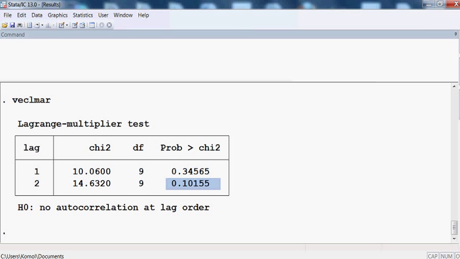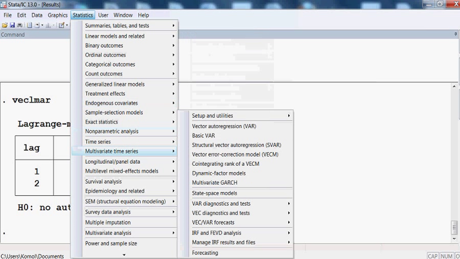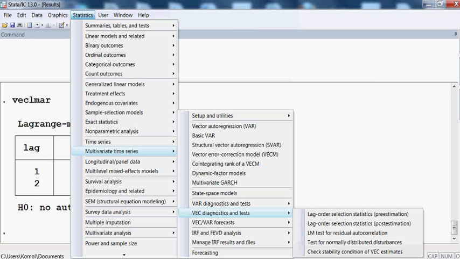Okay, then we can check also one more thing, whether the residuals are normally distributed or not. I go to statistics as before, multivariate time series, and vector error correction diagnostic and test for normally distributed disturbances.